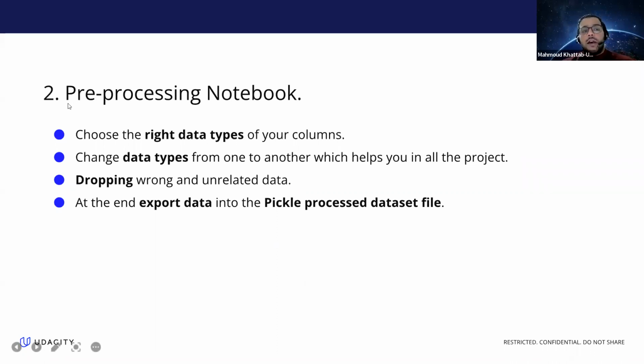And actually, guys, at the end of any pre-processing notebook, you need to export your data into a pickle file. The pickle file is very important in our data science projects, because you need to maintain and save your data, and the best type of file to save it in is the pickle file.